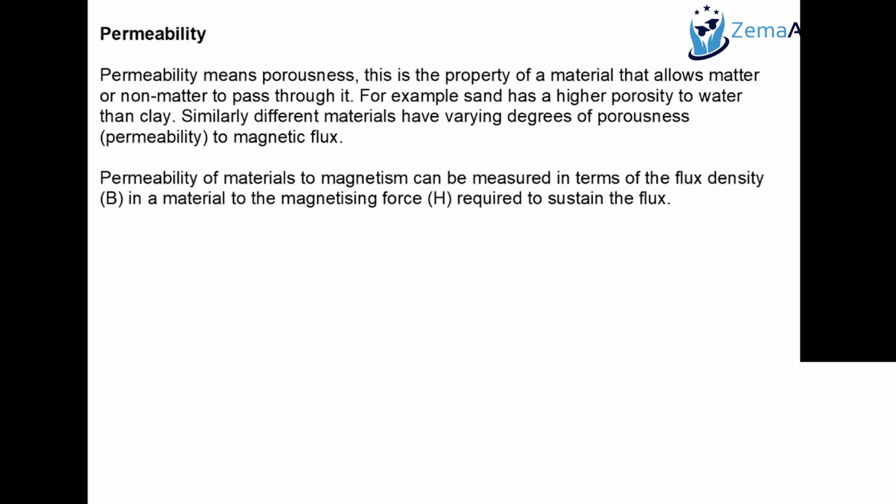So the best material for a transformer is one that, when you apply the magnetism, does not store any magnetic domains within the molecules of the material. And that's not possible. You can reduce it by improving the material's permeability, but you can't say it has zero or infinite permeability. It's more like the porousness of a material, how much it can absorb.